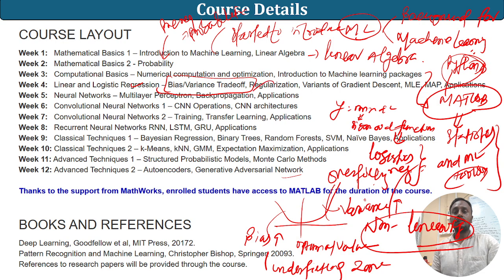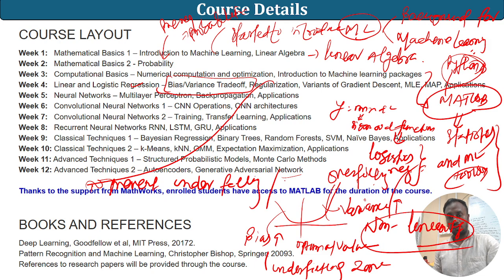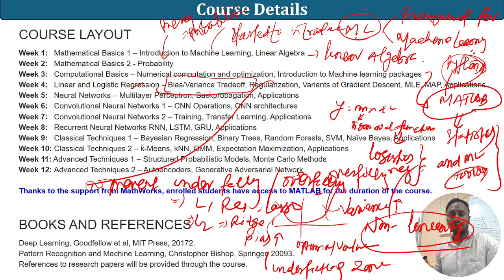Regularization is something we use to prevent underfitting or overfitting. There is L1 regularization, called lasso, and L2 regularization, called ridge. Then the variants of gradient descent come first, then the Hessian.